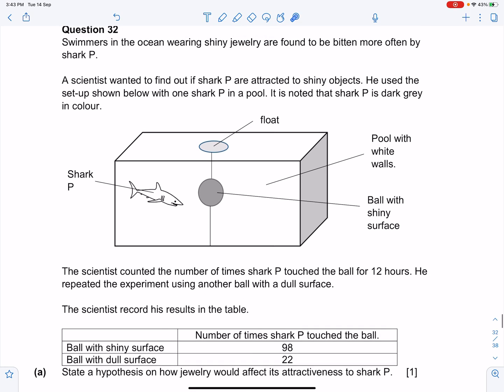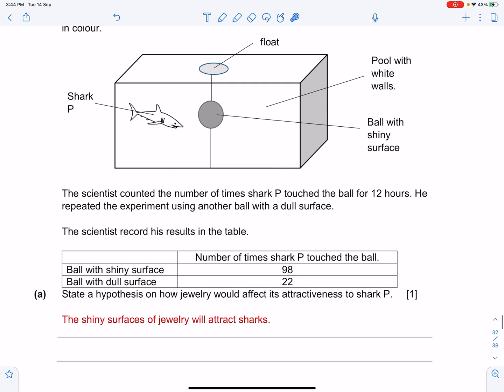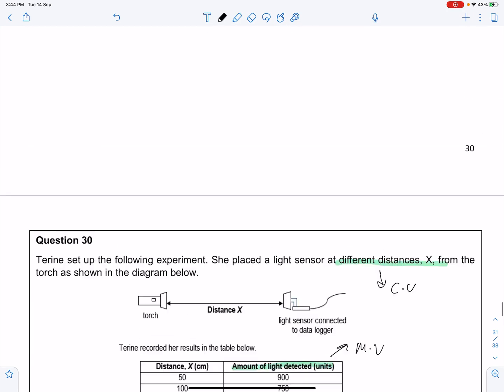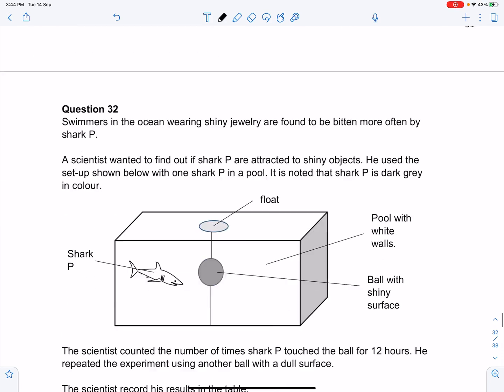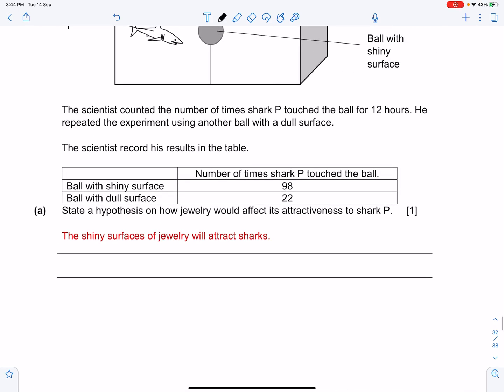Because it has a shiny surface, it actually attracts them more. So maybe we can modify this answer to make it look a bit more like the one we are familiar with at the start. Remember, there are two ways of answering. One was talking about "if". The other one talks about absence or presence. In this case, it is the absence or presence of what? Shiny surface, correct?